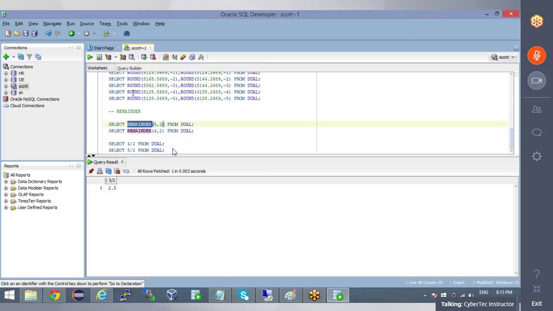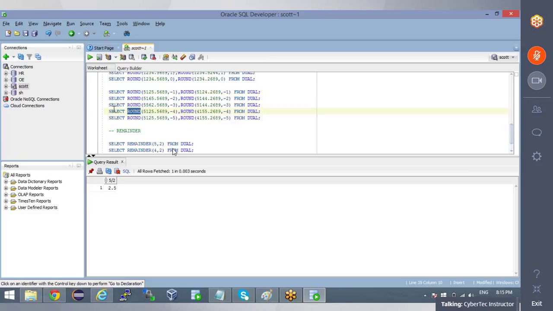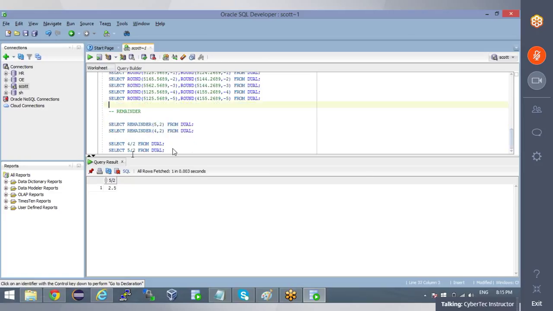Now, where can we apply the round function? The round function can be applied where you feel the calculations are important. You wanted to find the calculations. Let's say you have a criteria of dividing this particular value. Now you don't want to see the decimal value. You just want the quotient to be displayed. So what would you do?